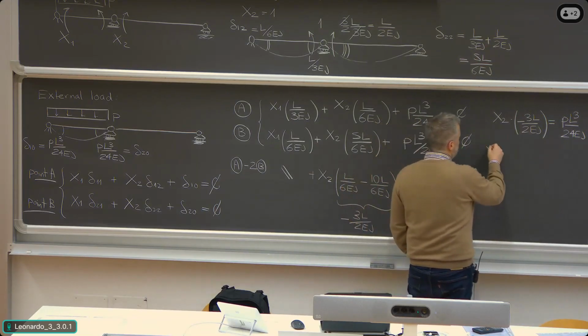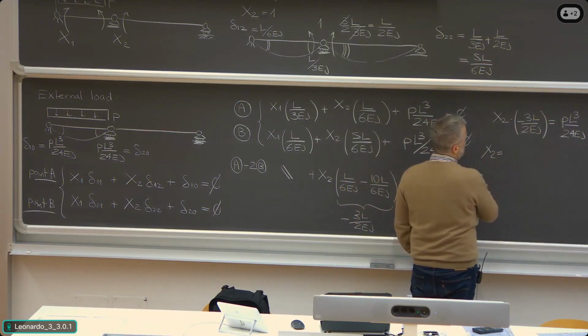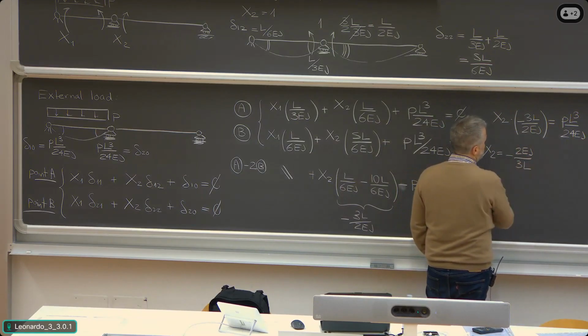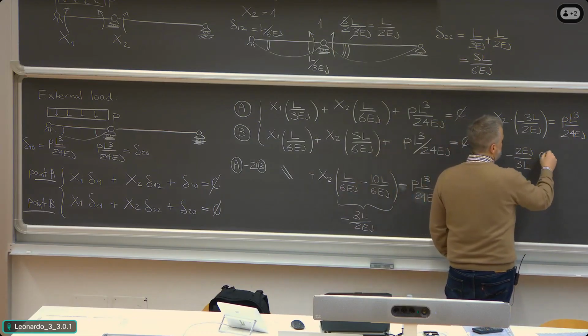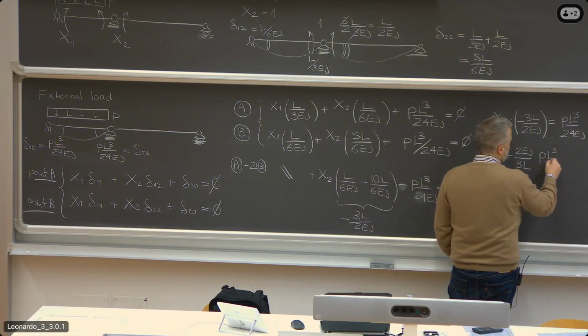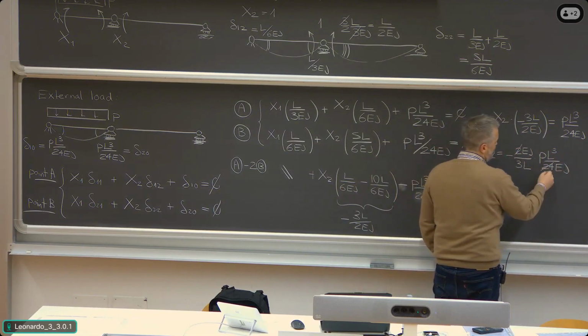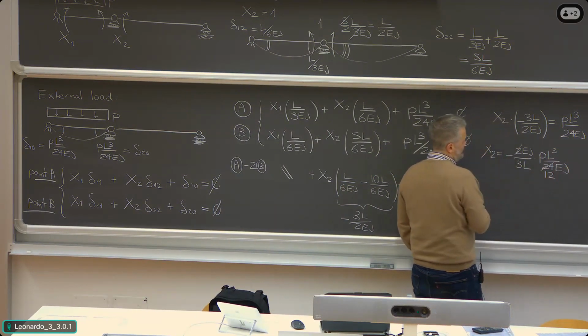And then if you do the math, x2 is minus 2EJ divided by 3L times PL to the power of 3 divided by 24EJ. The 2 cancels out with 24, which becomes 12.